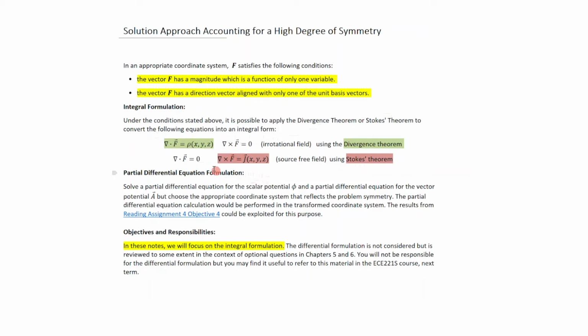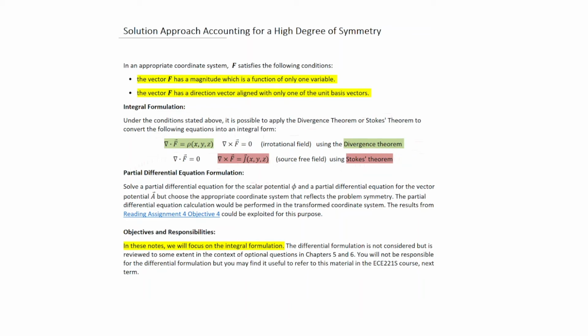So this is what we're going to do. One section of the reading assignment will deal with this class of problems. For the partial differential equation formulation, we solve a partial differential equation for the scalar potential phi and a partial differential equation for the vector potential A, but choose the appropriate coordinate system that reflects the problem's symmetry.